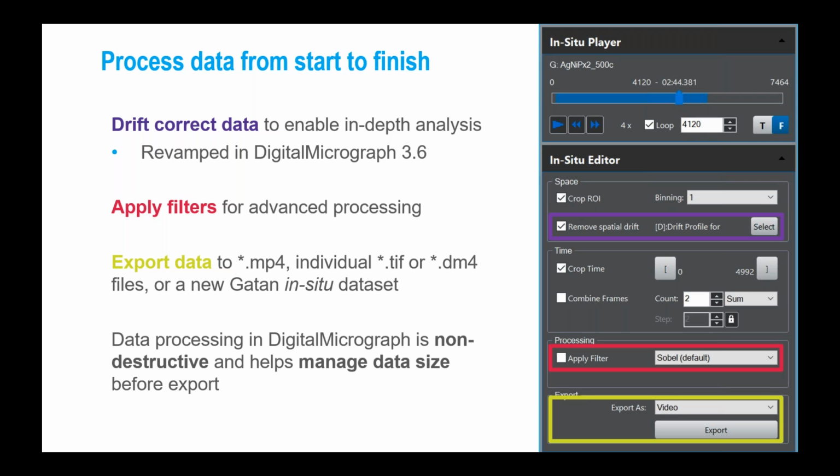And the great thing about working within the in-situ editor and in-situ player tools is that any processing you do on the video is non-destructive. So if you adjust, say, the start and end point, and you decide you don't like it, you can go readjust it, or you can turn it off entirely by just turning off the checkbox that we see here in the user interface. It really helps you manage the data size of the in-situ data before you export the data.